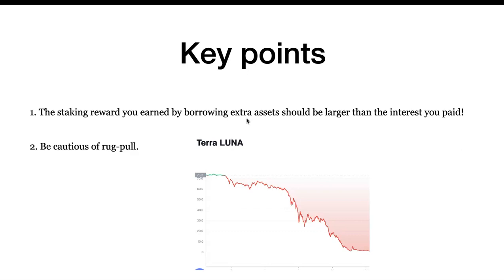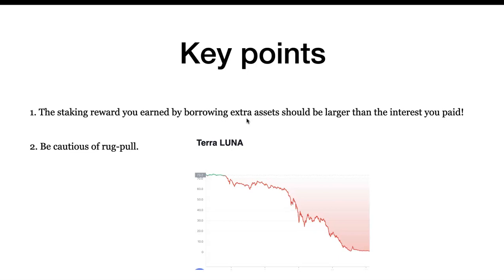The second thing is about rug pulls. You have to be cautious, because a lot of altcoins provide very high interest, like, okay, you can earn this much interest, 10,000%, but you may lose all of your fund if you just try that. Look at Luna, for example.